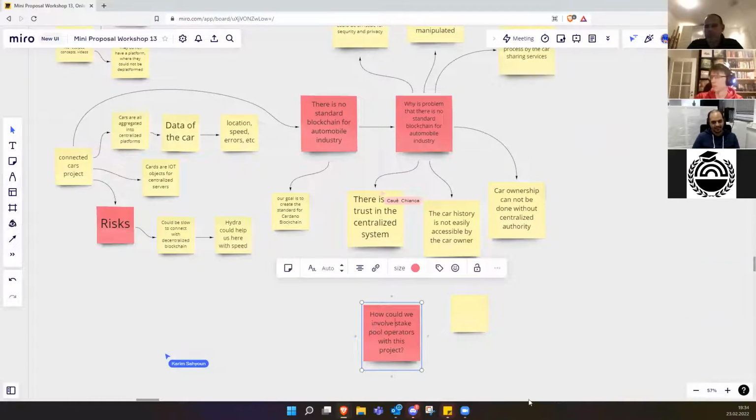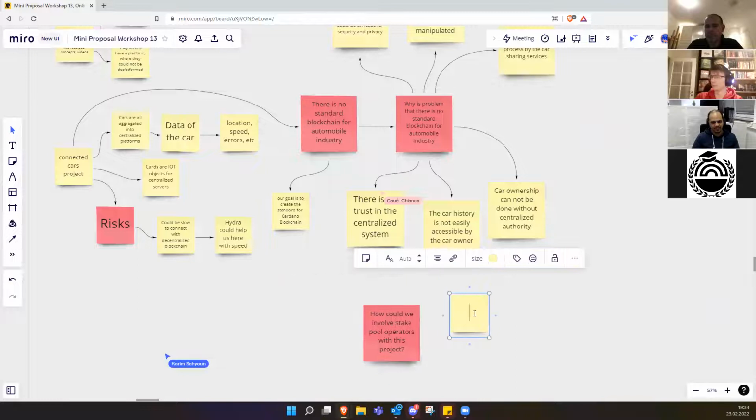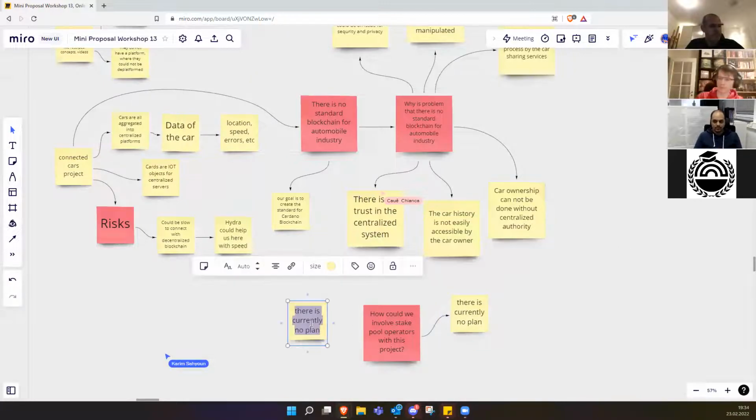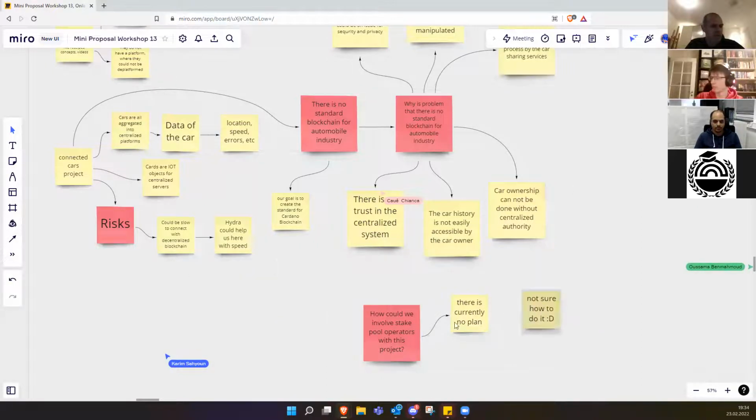Using their resources to gain efficiency, and to run the smart contracts and everything else, probably tokens, this kind of thing.